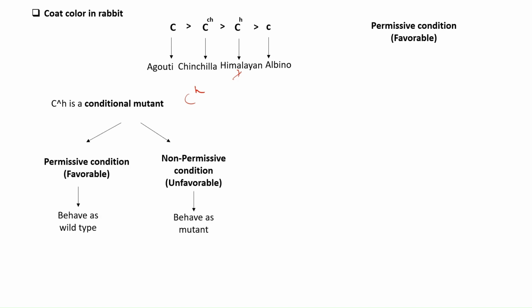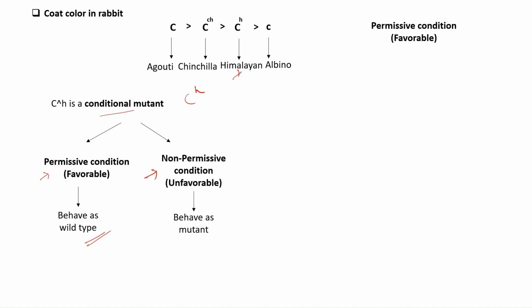Conditional mutant means, when we are saying the word conditional, that there would be some condition which is favorable and some condition which is not favorable. So we will have two types of condition: permissive condition, or favorable condition, and non-permissive condition, or unfavorable condition. Permissive condition is the condition when the behavior will be like wild type. That means the phenotype, behavior or the character.